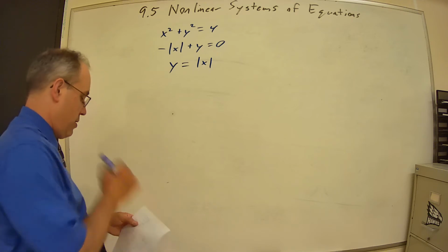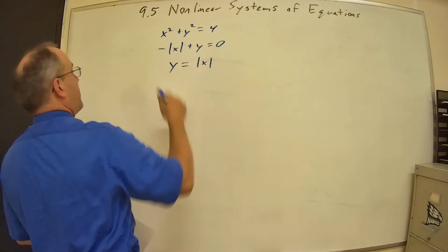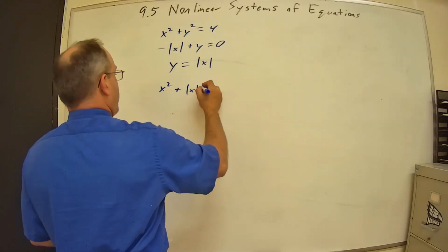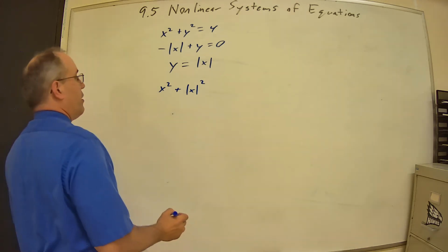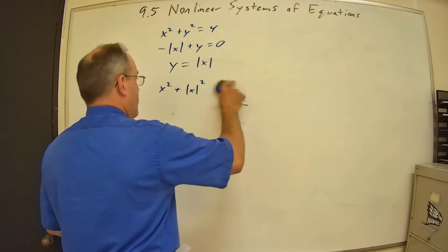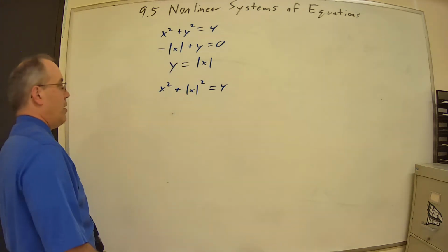Okay, so if y is equal to the absolute value of x, I can plug that in here, so I get x squared plus the absolute value of x squared is equal to 4. I don't know why I keep wanting to put a plus when I want equals. It's equal to 4.